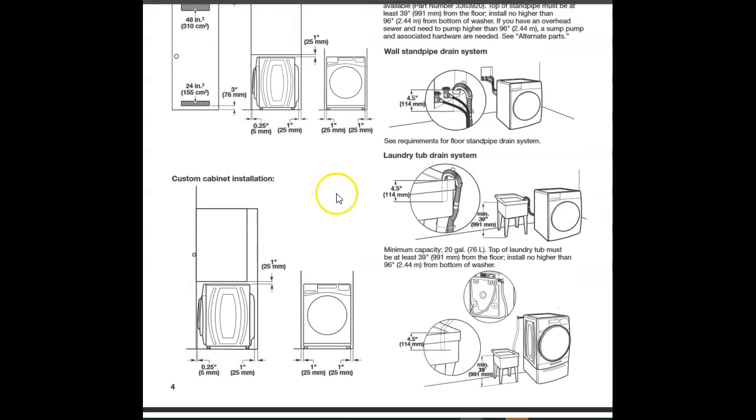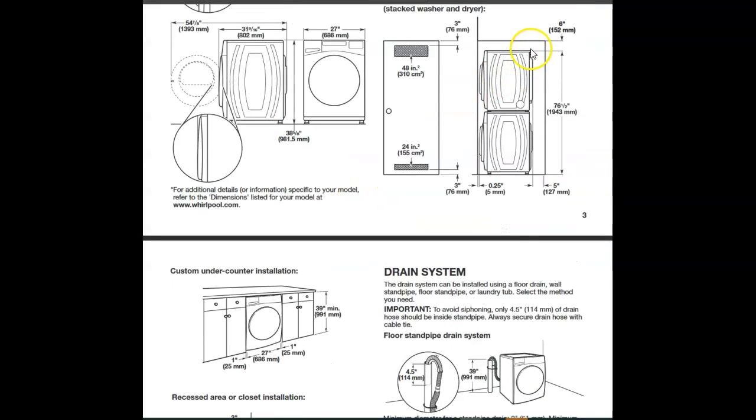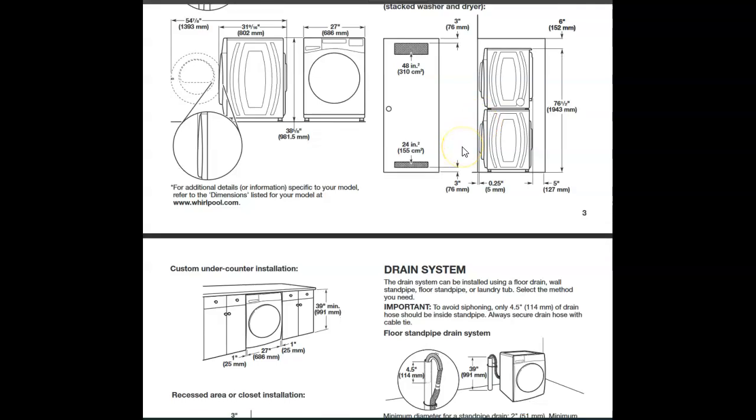And note, please, that if you are going to be doing this option with stacking, you're going to need to put your water access forward of these. You can't have it behind because you won't be able to reach it. And the same on the side, you're not going to be able to have it on the side unless you provided an extra wide space so that you can access the niche.